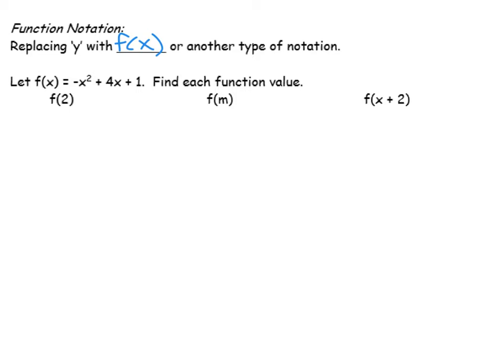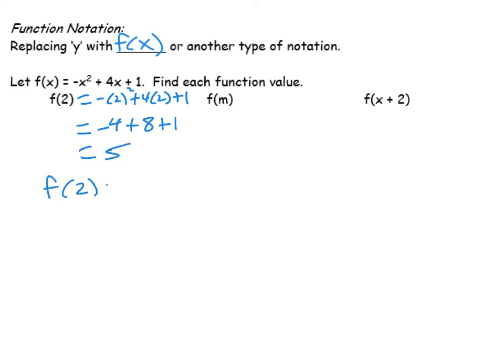For example, f of negative 2, if I wanted to get that, I would go negative 2 squared, that would be negative 4 plus 8 plus 1, which would be 5. Short way to write that would have been f of negative 2 is 5.